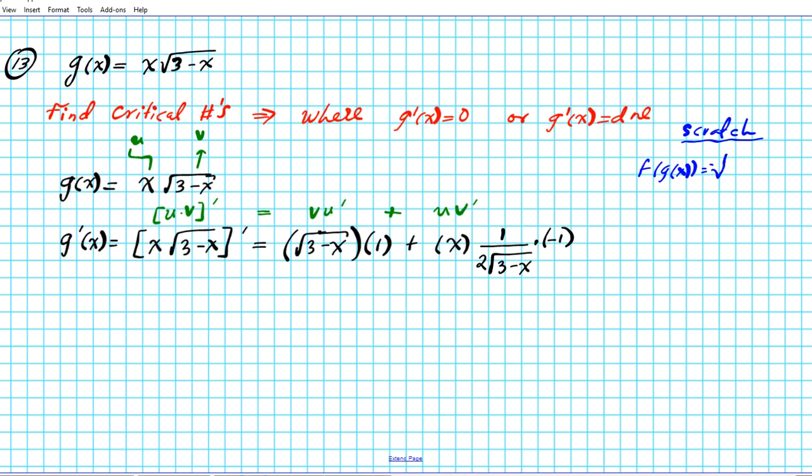We're going to use the chain rule because we have a composite function, the composition of a radical and a linear function. So we're going to call the outer function f. f is going to be root x, and then the inner function g is going to be 3 minus x. Differentiate both of them. f prime is going to be 1 over 2 root x, and then g prime is going to be negative 1.